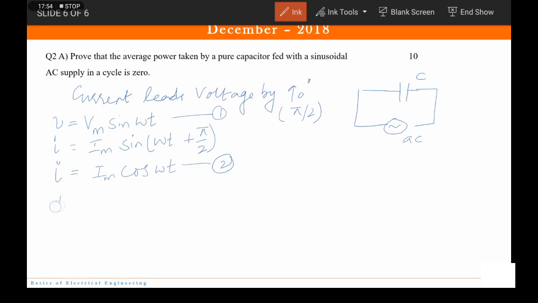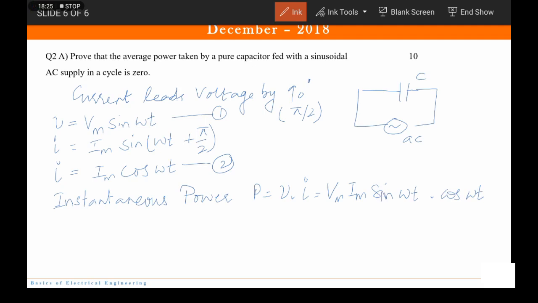Fine. So let us calculate the instantaneous power. So instantaneous power is the product of these two. So let us put these two values. So it will be Vm Im sin omega t multiplied by cos omega t.